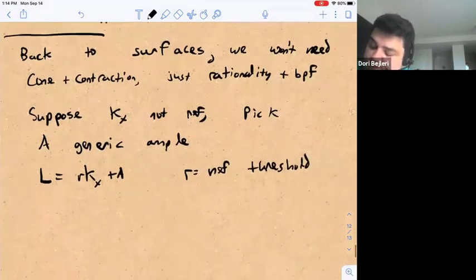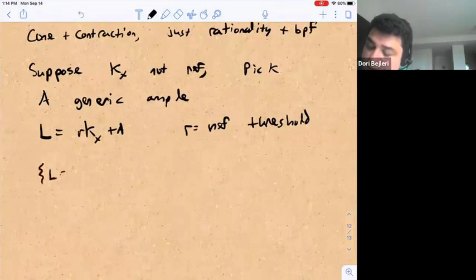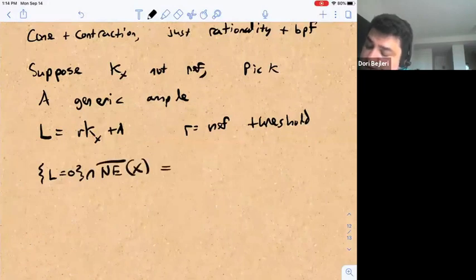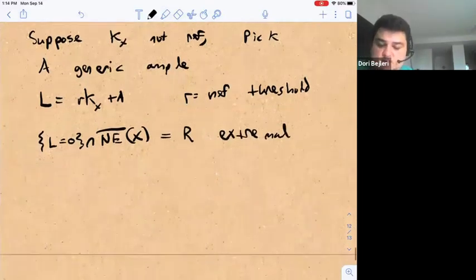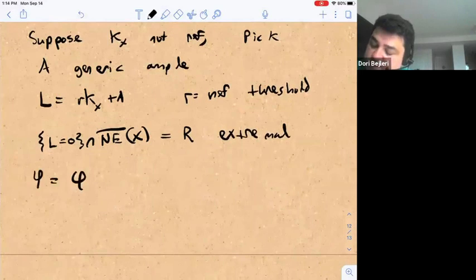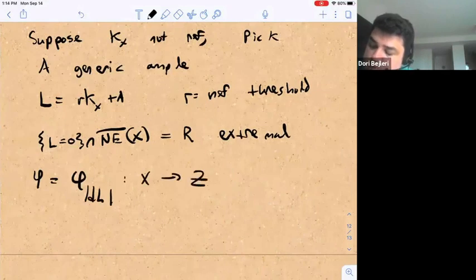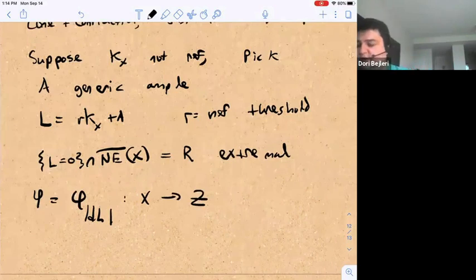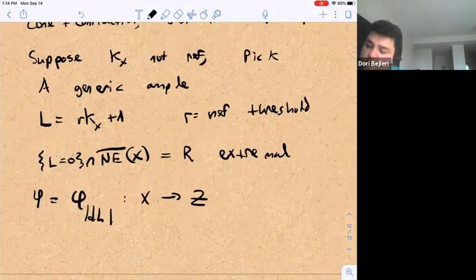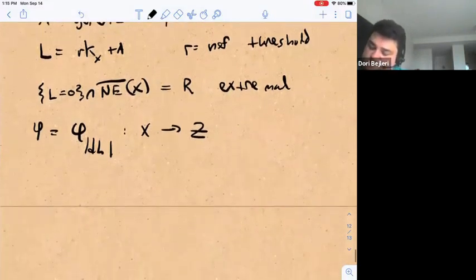And now because we picked it generically, we can assume that L^⊥ intersect our cone of curves is a single ray, and it's extremal. And now let phi be our morphism, which we get by the basepoint free theorem. Then we have this morphism. We know that it contracts a curve if and only if it's in this ray R. And now we're going to use that to classify the possibilities for phi based on the dimension of Z.